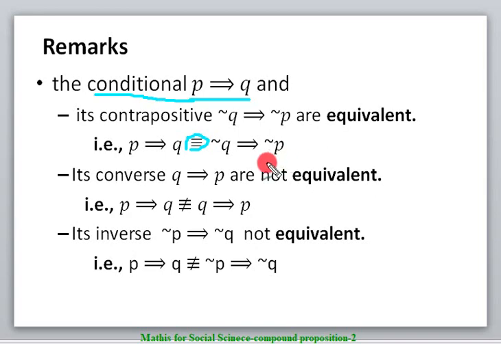Let's say, for example, the sky is blue. This statement is true. Cats are animals, and this statement is also true. These two propositions are equivalent, because they have the same truth value: both are true. They are not identical, but they are equivalent.